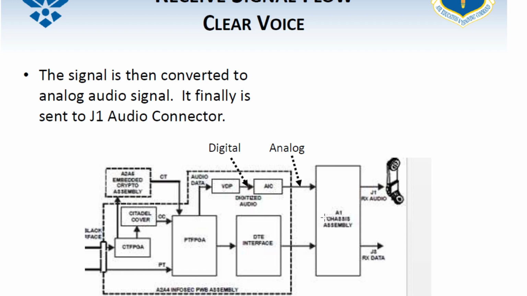So then we're going to bring this on home. The signal is then converted to the analog audio signal. It is finally sent to the J1 audio connector right here. This is the J1 audio connector. That's if it's audio. What is one thing you guys notice is missing here? The ALC. What can you do on the receive side if you don't have the ALC?